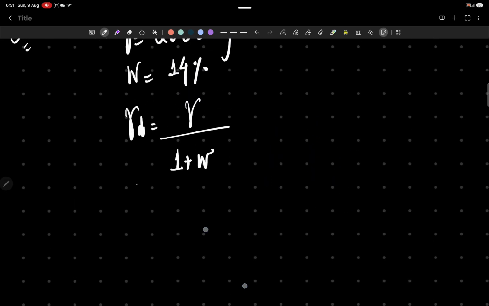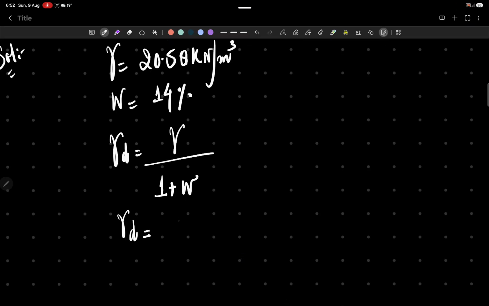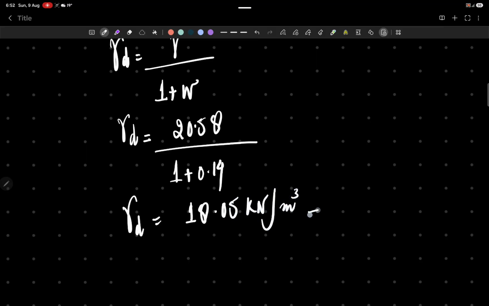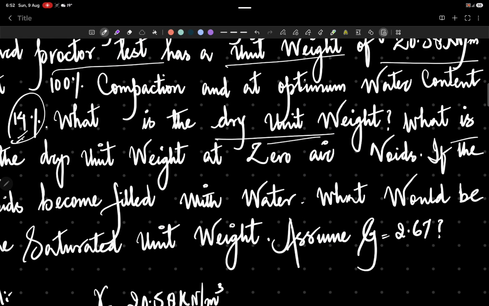So the dry unit weight is equivalent to 20.58, which is the bulk unit weight or the total unit weight, divided by 1 plus water content. Water content is 14%. By calculations, dry unit weight is equal to 18.05 kilonewton per cubic meter. All right. So this is how we found the dry unit weight.